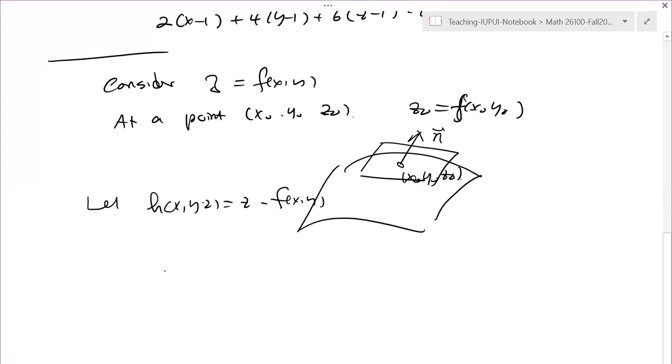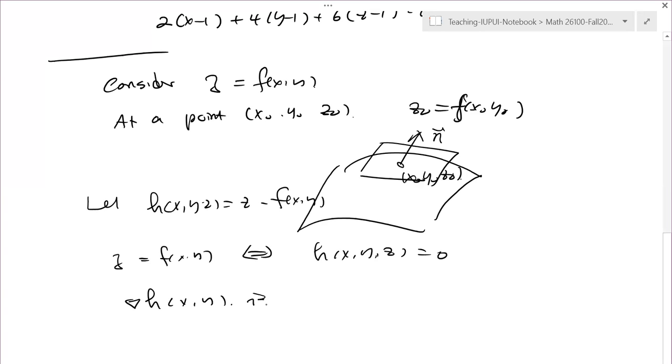If (x, y, z) satisfies the equation z equals f(x, y), if and only if h is going to be 0. So the graph is a level surface of h. That means the gradient of h is going to be perpendicular to the level surface, which is the graph.